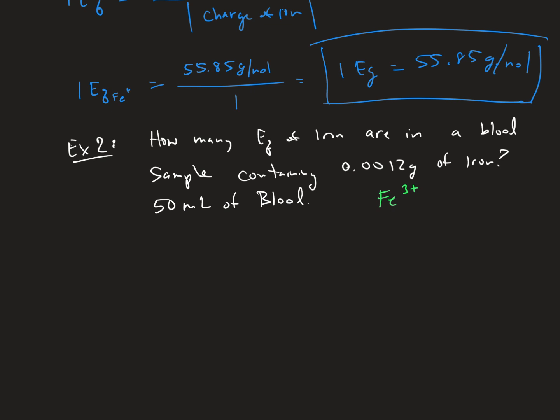Okay, first thing we got to do is write down what we know and what we're looking for. So we got to know how many equivalents. Number of equivalents equals question mark. Okay, that's what our question is. What do we know? We know we have 0.0012 grams of iron 3+.